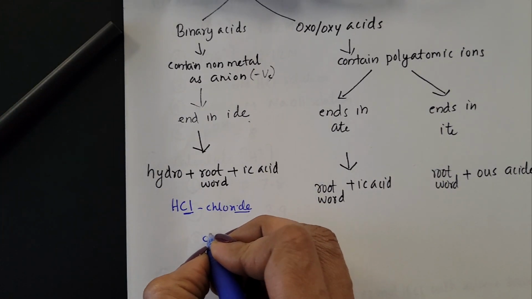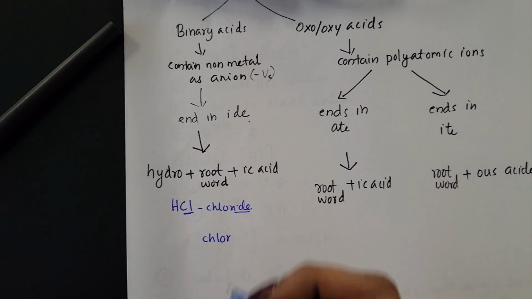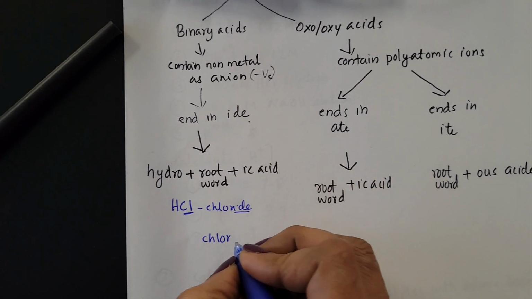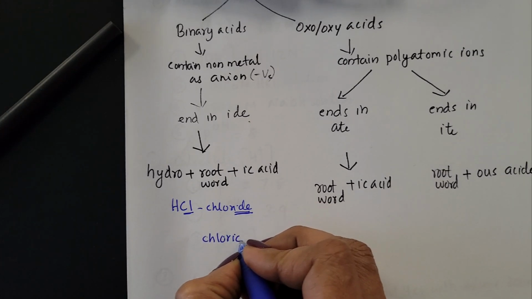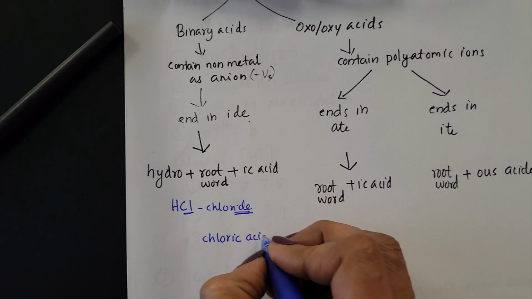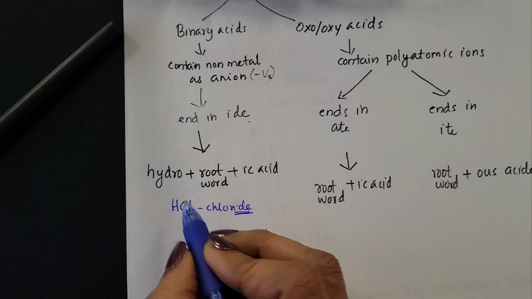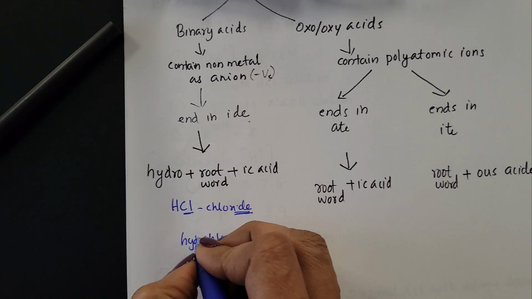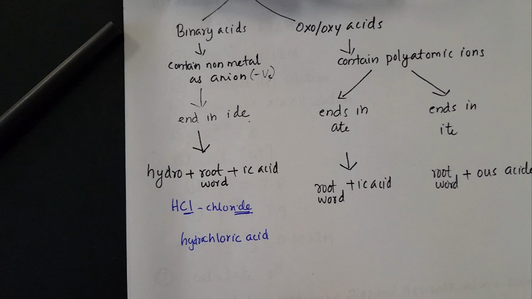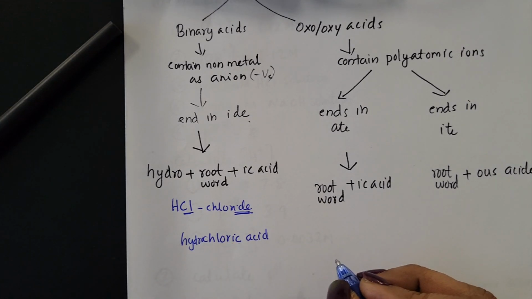So I'm going to write the root word which is chlor and add the IC acid. You are replacing IDE with the IC, then a space, acid. And it needs a prefix at the beginning. All binary acids need hydro as the prefix. So the name is hydrochloric acid.